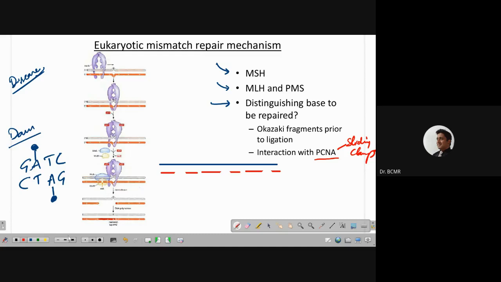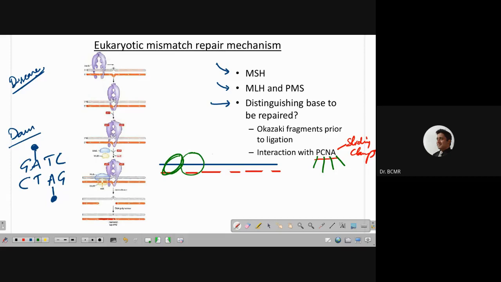The sliding clamp typically will be bound around the DNA like this, and the DNA polymerase will bind to it and keep polymerizing. What is the full form of PCNA? Proliferating cell nuclear antigen. So remember that.